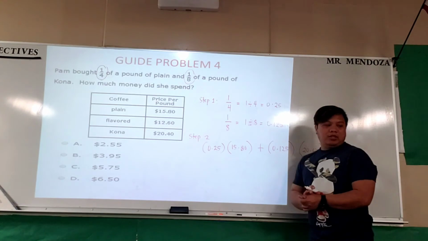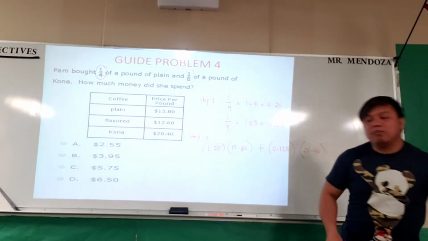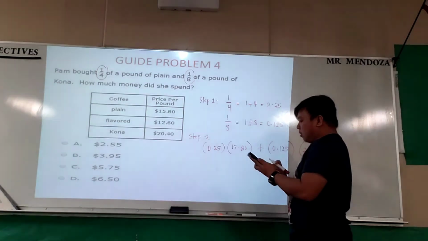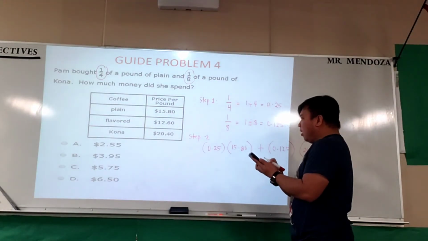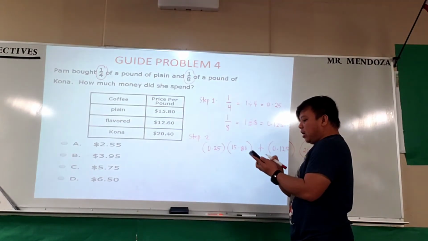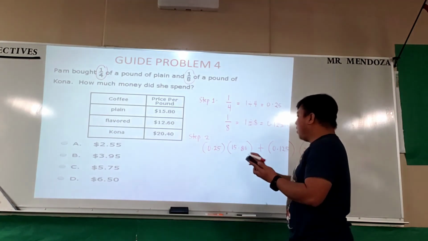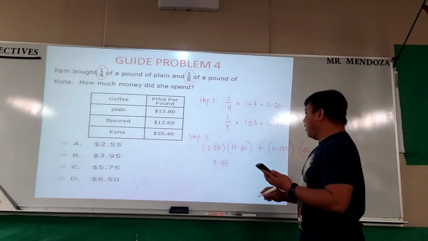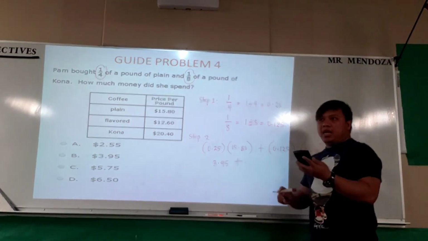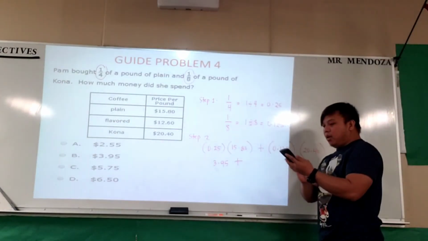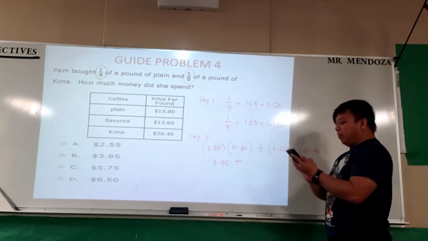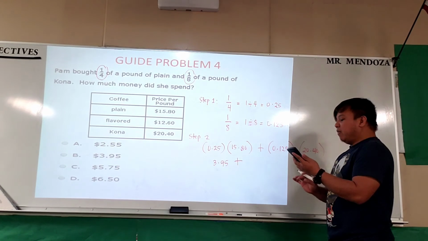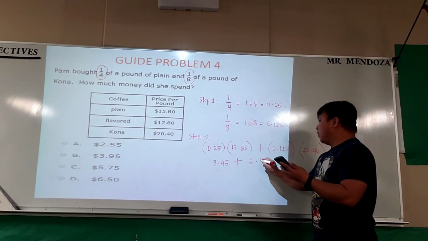I can make use of my calculator here. So that's going to be 0.25 multiplied by 15.80, which is $3.95. This is for the plain coffee alone. We're going to add it with the Kona coffee, 0.125 multiplied by 20.40, and that would give us 2.55.